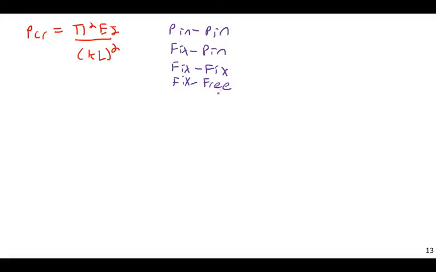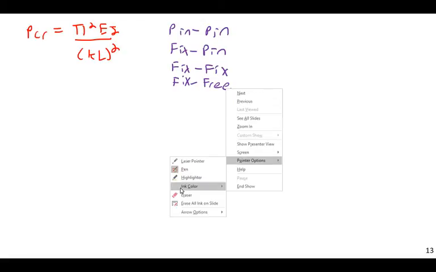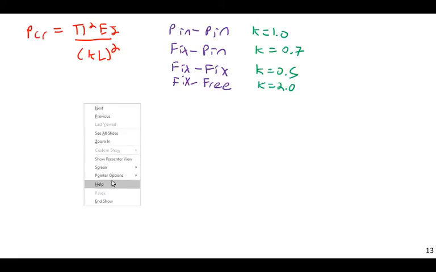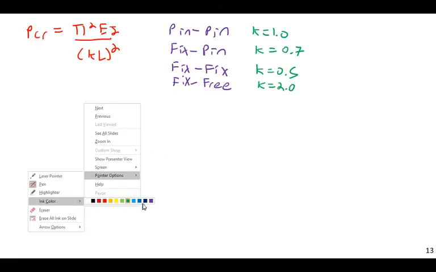For each of these, k equals 1.0, k equals 0.7, k equals 0.5, and k equals 2.0.